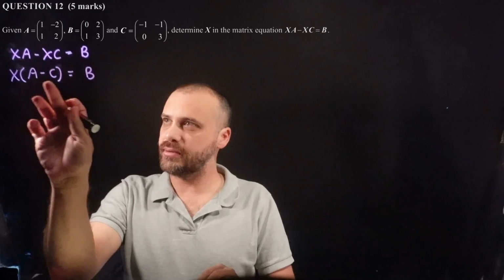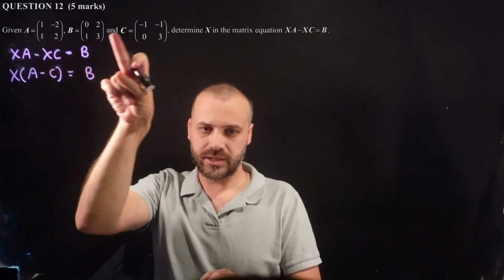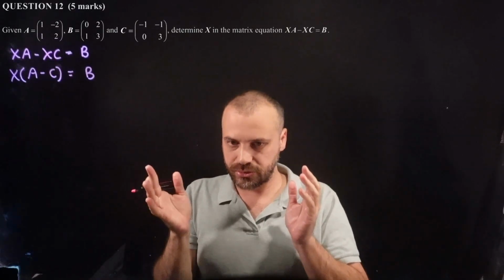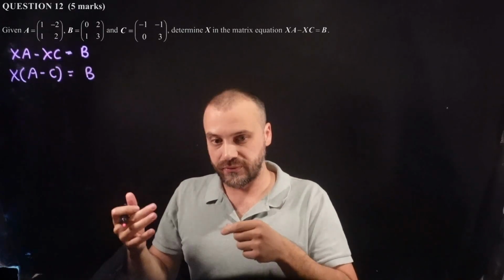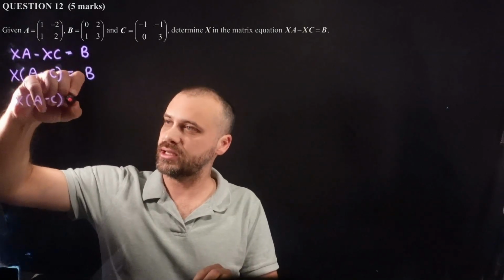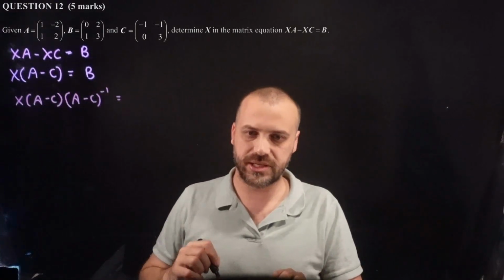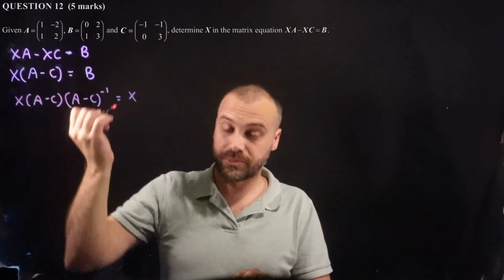Okay, and now we're doing something called post-multiplication. Now remember, A minus C is a single matrix. Imagine doing A minus C. You'll get a single 2 by 2 matrix. We can do the inverse of that. So I'm going to do X, A minus C times the inverse of A minus C. I've got to do it to both sides.